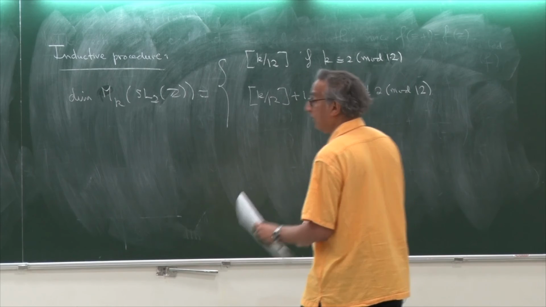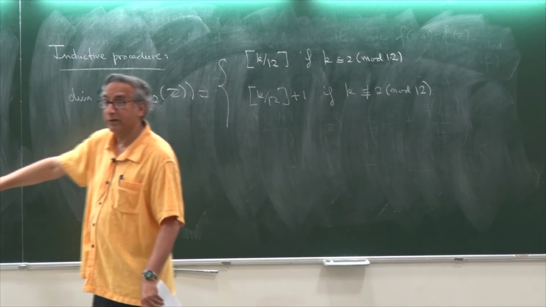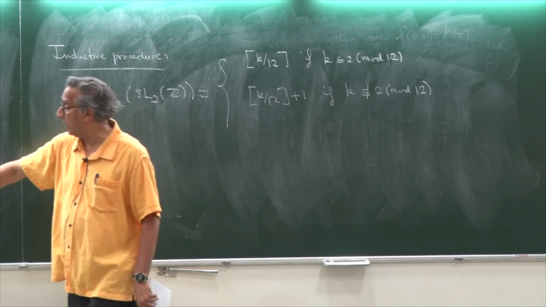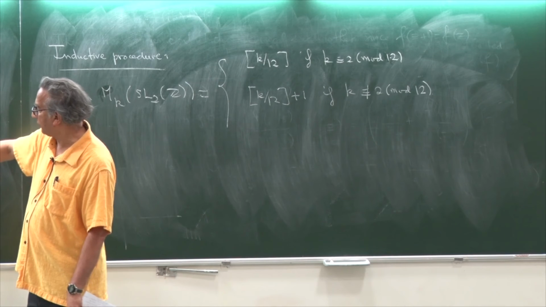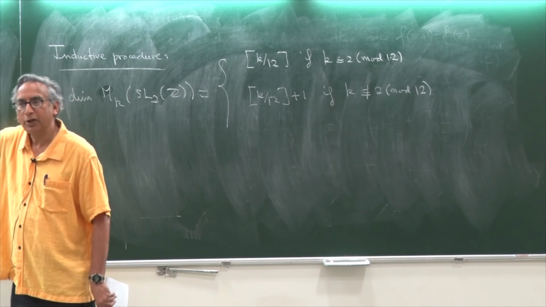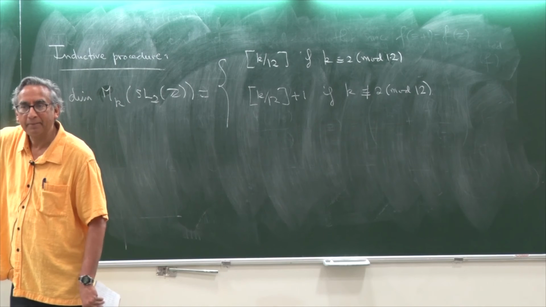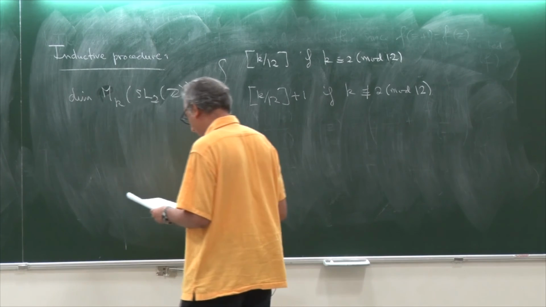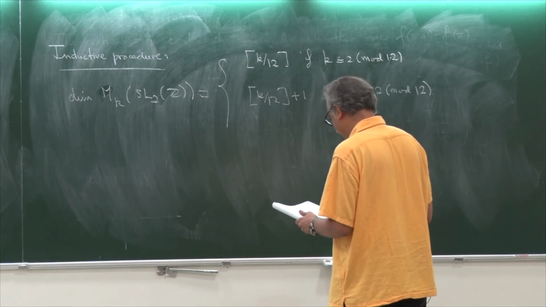So I'm going to let you use this observation to derive this. You have a surjective map from here to here, so you can see that it's going to change modulo 12. And how the dimension formula plays out is what you get there.